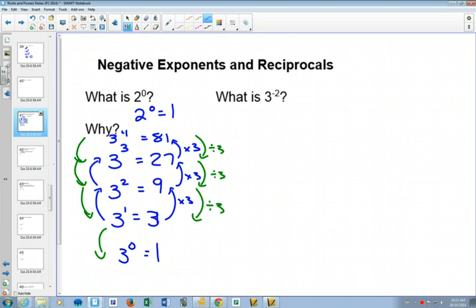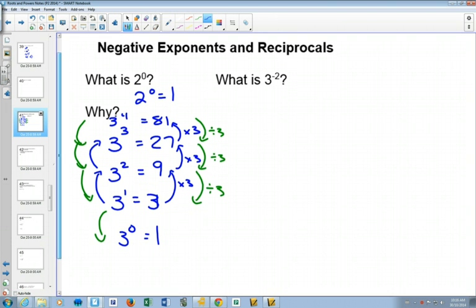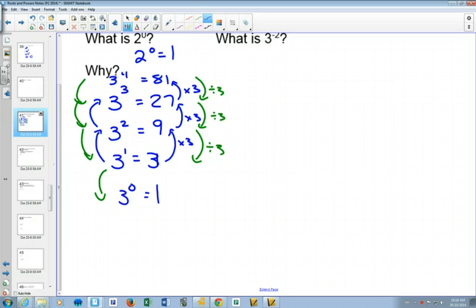Did you learn negative exponents last year? I'm asking you. Not really? Do you know what 3 to the negative 2 is? 1/9. Good. So some of you have seen them before. Now, if we keep going with this, this pattern doesn't have to stop. What would happen after 3 to the 0 if I went down 1 again? 3 to the negative 1. What would happen if I took 1 and divided it by 3?